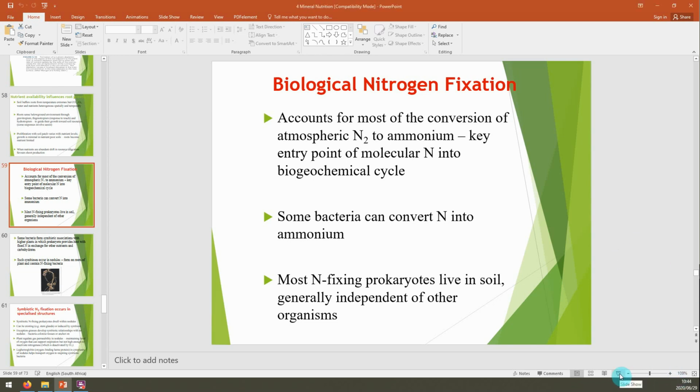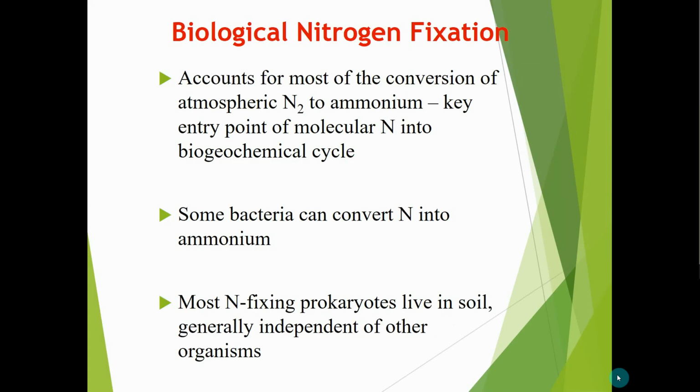Now remember, I said to you that plants cannot use atmospheric nitrogen. So this N2 over here is atmospheric nitrogen. The thing about atmospheric nitrogen, that N2, so there's two nitrogen atoms, is that it's got a triple bond.